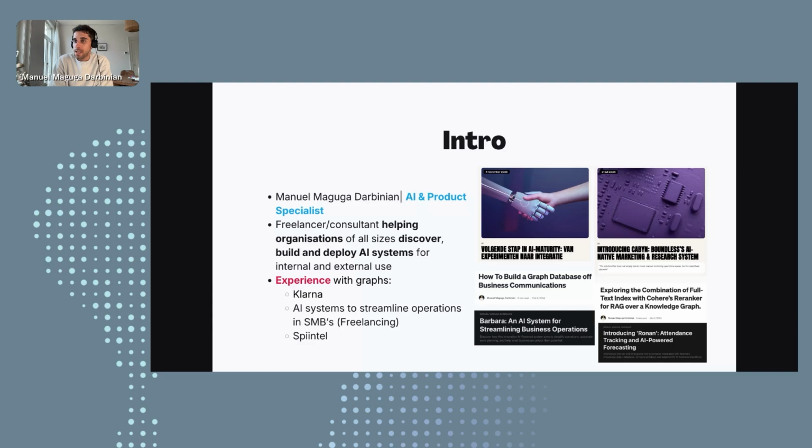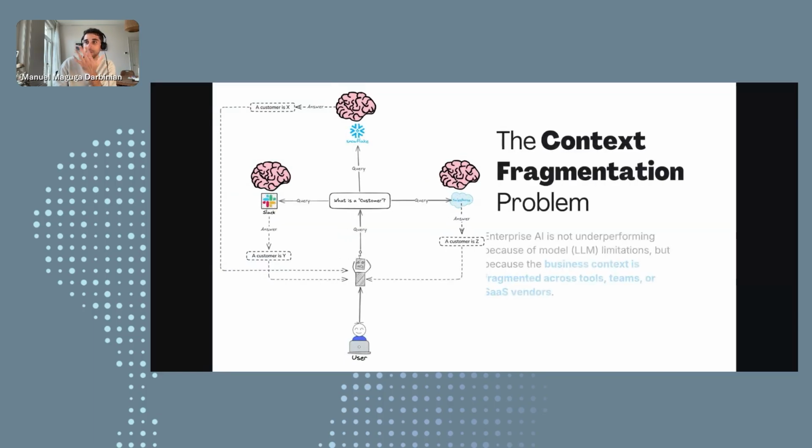I've also been working on graph-powered systems for SMBs to streamline operations, and of course Spiintel, which is the topic of this session. Apart from that, I've also been working on AI-related work, lastly in marketing, which is definitely an industry that can benefit from knowledge graphs.